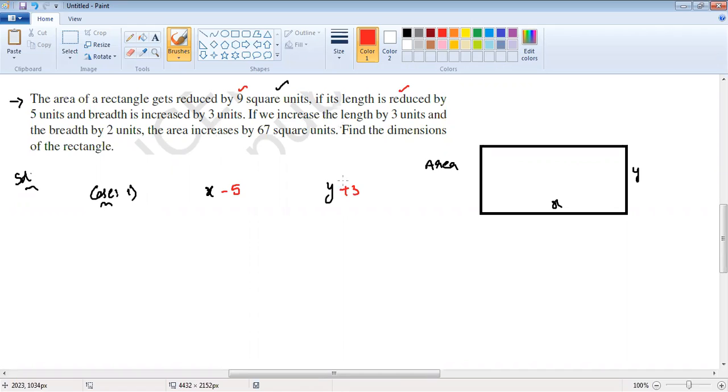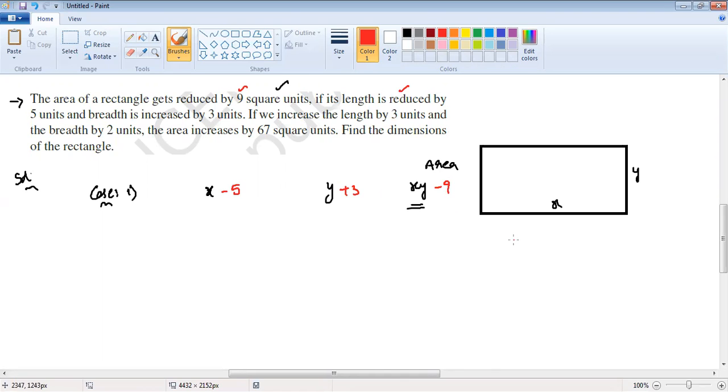What do we take now? Remember, the area of the rectangle is xy. He said the area is reduced by 9, so it is xy minus 9. Are you clear now?